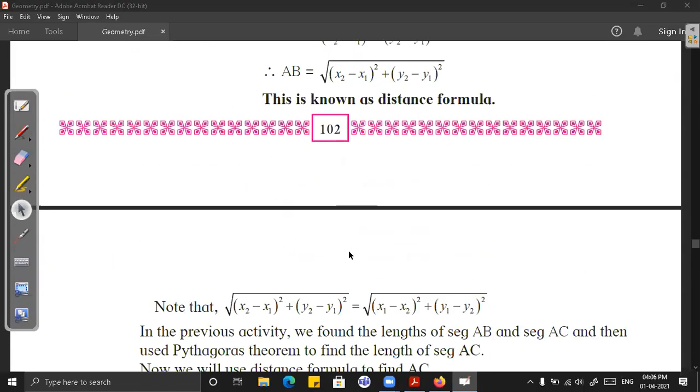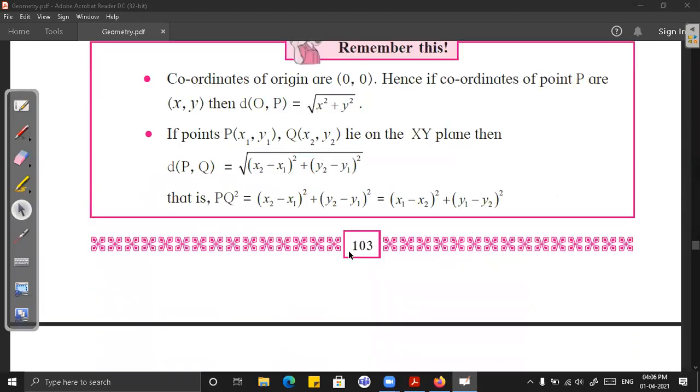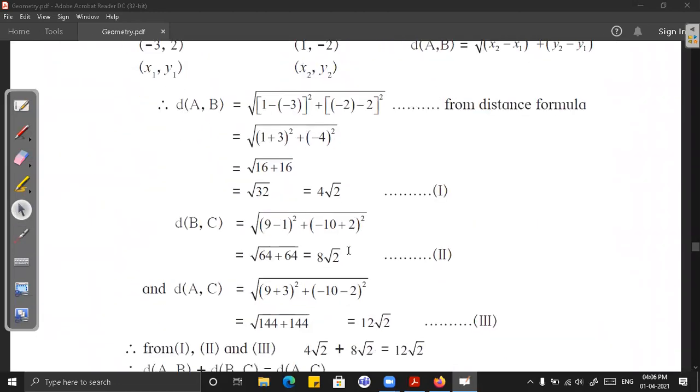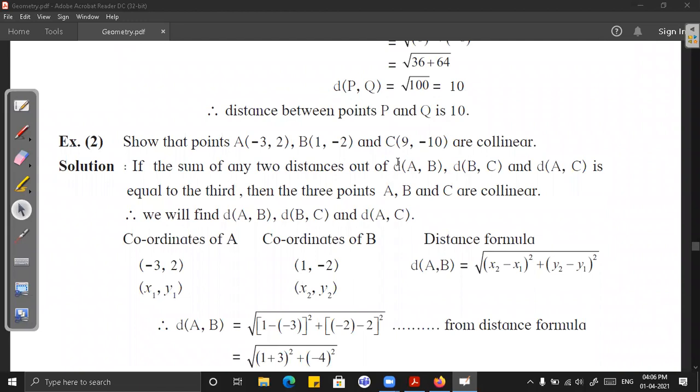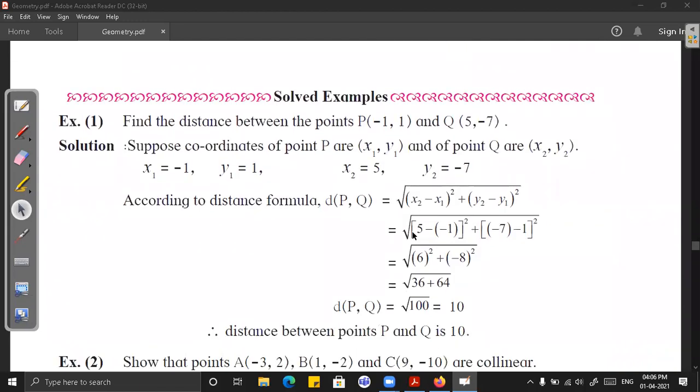I'll do an example sum which is there in the textbook itself. We'll understand it first and then you write it. This is the first example sum, and then we'll move on to the exercise.